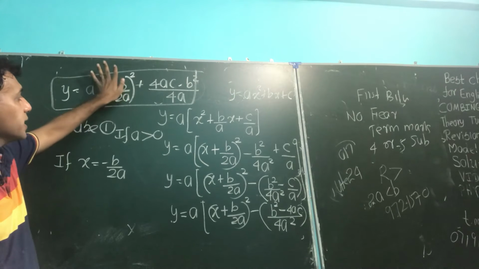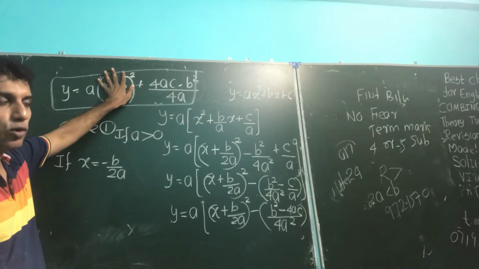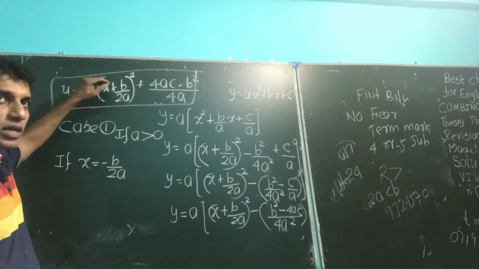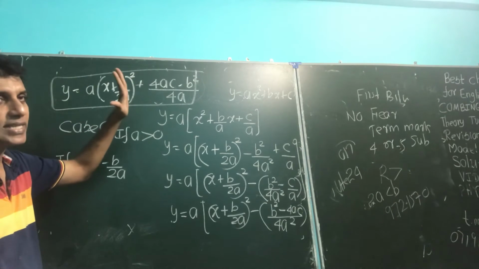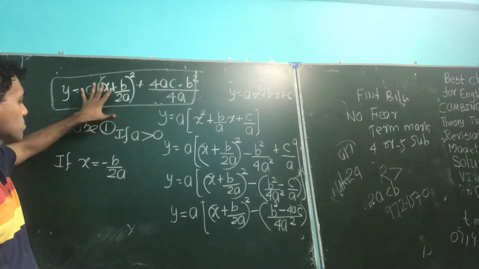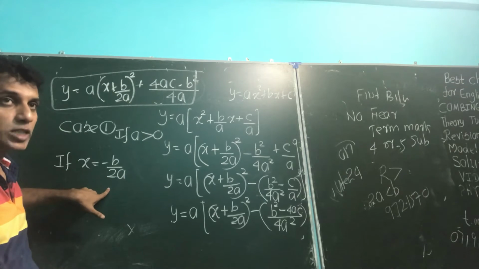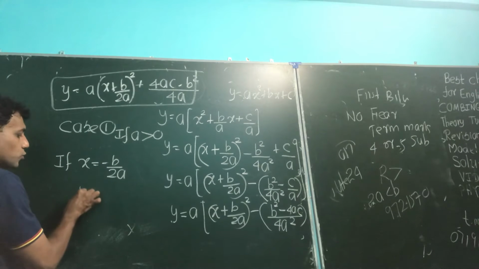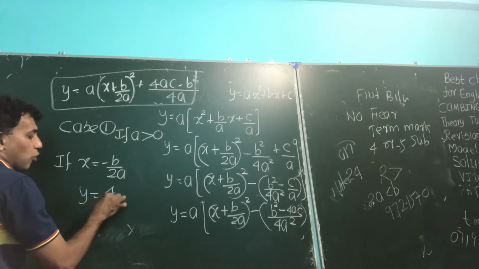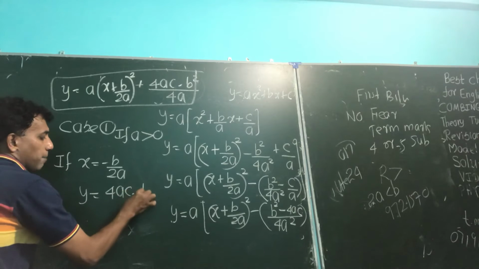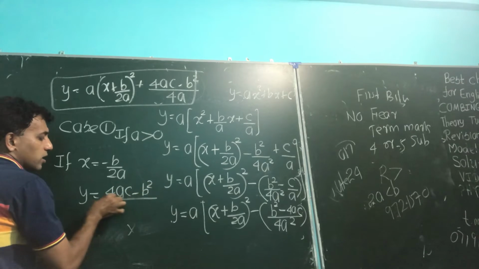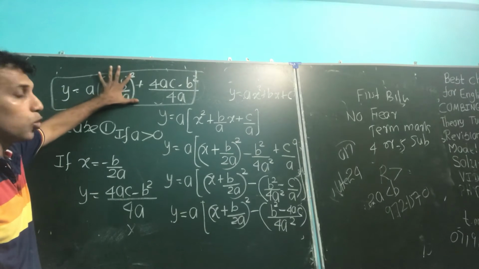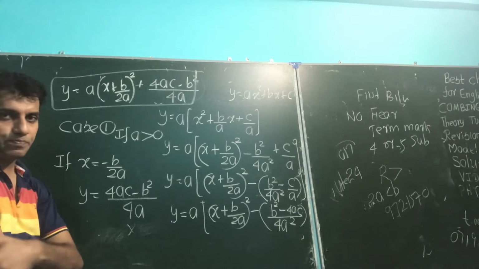Therefore this minus this is 0, right? 0 into whatever number in front, a. 0 into a, that is completely 0, right? Therefore if x equals minus b over 2a, y equals, what is that? 4ac minus b square over 4a. Is it okay? If this becomes 0, y equals that.